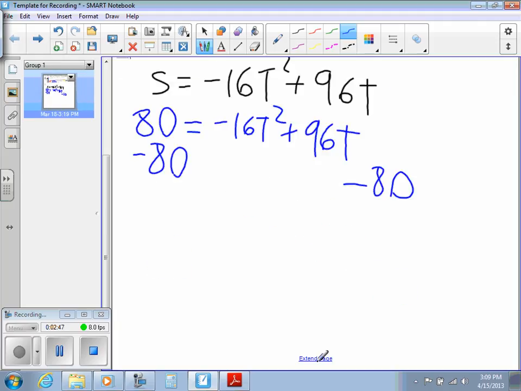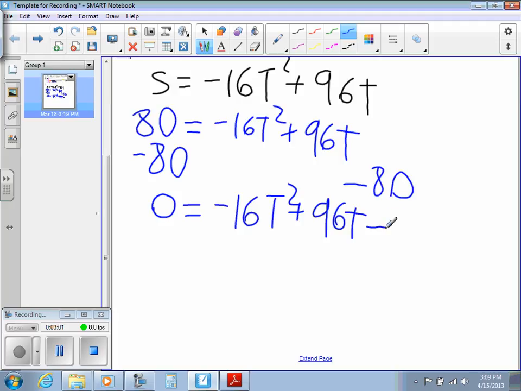That will give us 0 equals negative 16t squared plus 96t minus 80. Now, we don't like having our leading term negative when we're factoring. So we are going to solve that by dividing every term by negative 1, which will just change all of the signs.